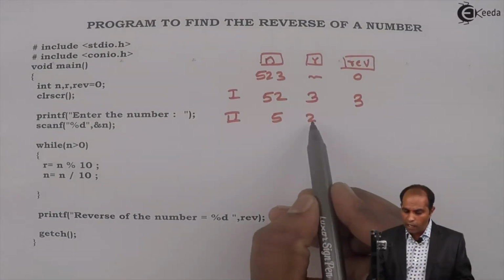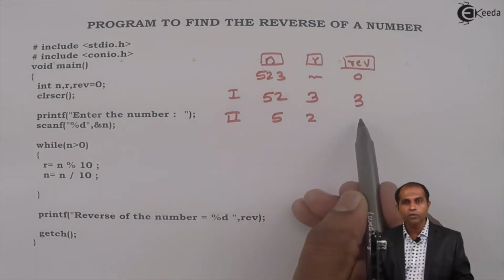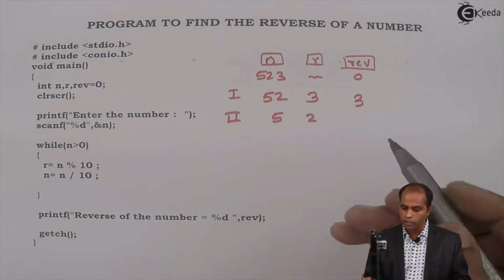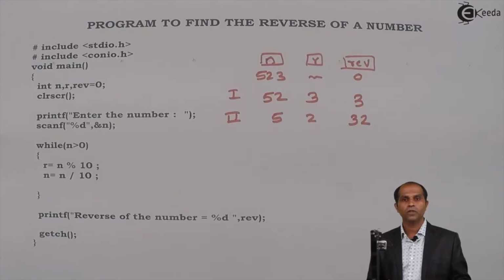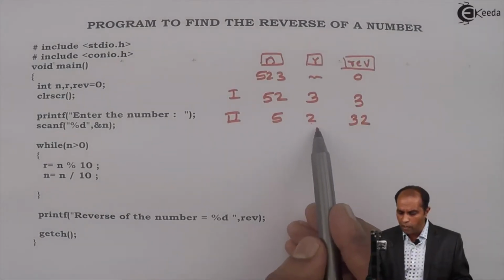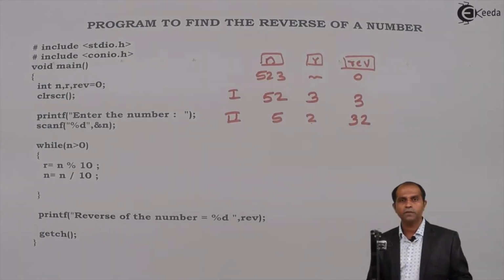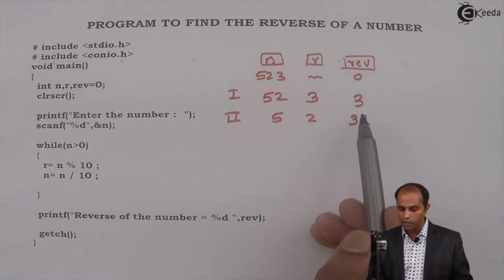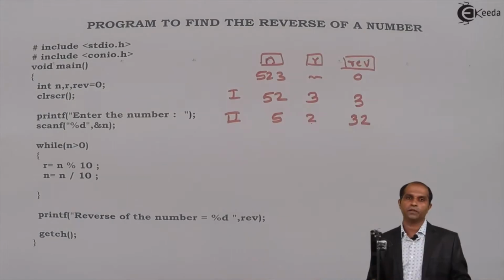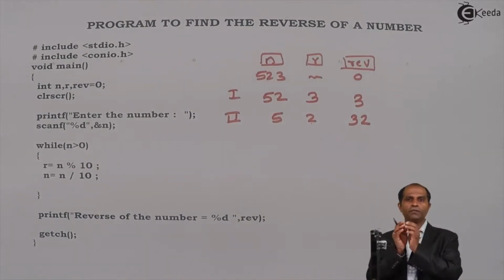And the value of r has to be accumulated into this rev at the unit position so that the number now constructed is 32. So what I did was the value of r got into the unit position, and the value of rev which was already existing went to the 10th position. So I have to shift the digits of rev by one position towards the left hand side.